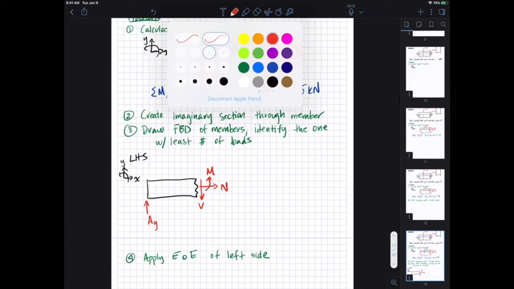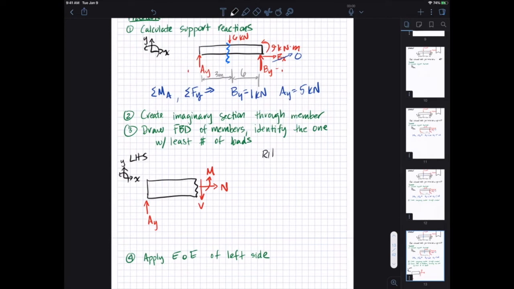And now if we do the right-hand side, we'll still have our external forces, BY, the externally applied moment, 9 kilonewton meters, and now we'll include that 6 kilonewtons, right?